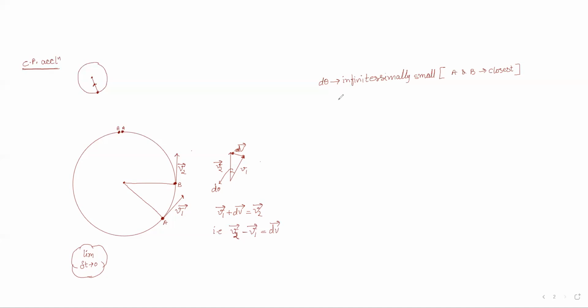Then we can write an equation saying that sine of d theta is equal to dv divided by v.